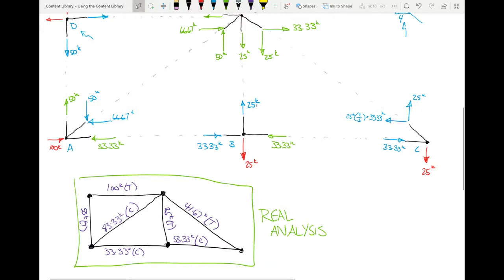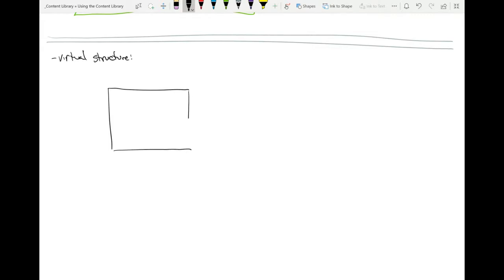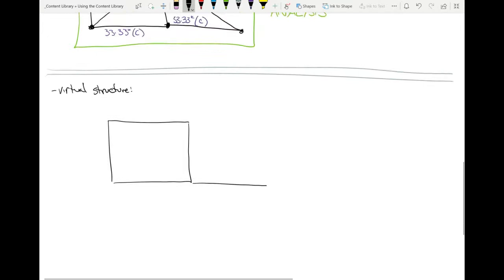Okay. All right. So let's look at the virtual structure. With the virtual structure, we've got the same truss. So same truss. I think which way was that? Yeah, like that.